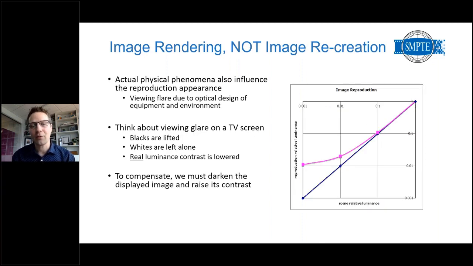Another thing we have to think about when we're designing our imaging systems is not physiological or psychological at all. They're actually perturbations or errors in the physics. So that's not as interesting for this talk as the others we've spoken about, but we have to be cognizant of flare.